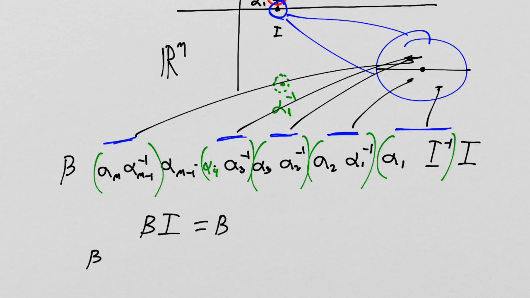So now what do we do? Well, we take beta and we start jamming in all of these other things. We jam in I inverse, alpha 1 inverse, alpha 2 inverse, alpha 3 inverse.